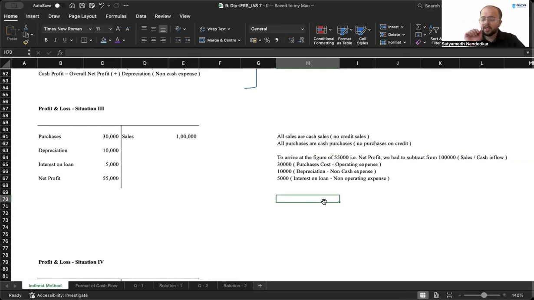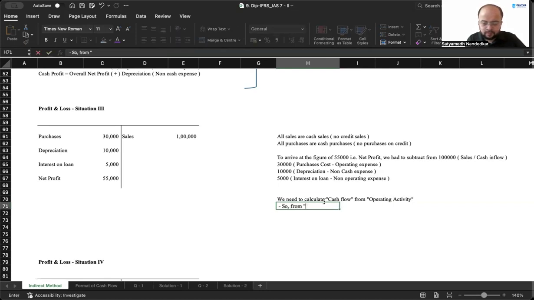But what do we need? We don't need net profit. We are interested in cash. We need to calculate cash flow from operating activity. If somebody has given you profit, you are here at 55,000.